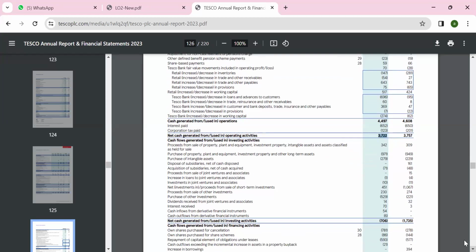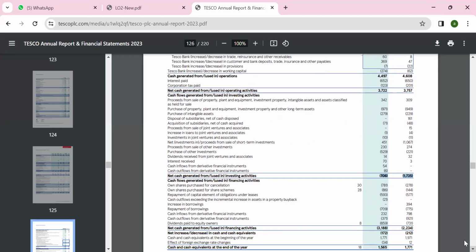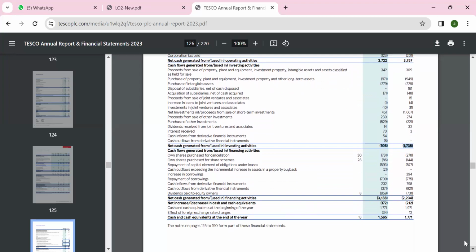And then look at investing activities. The cash outflow has dropped under investing activities because we sold more non-current assets. Sometimes it's good when you bought more assets: the cash went out, but the non-current assets will give you economic benefit in the long run because you have infrastructure in place.